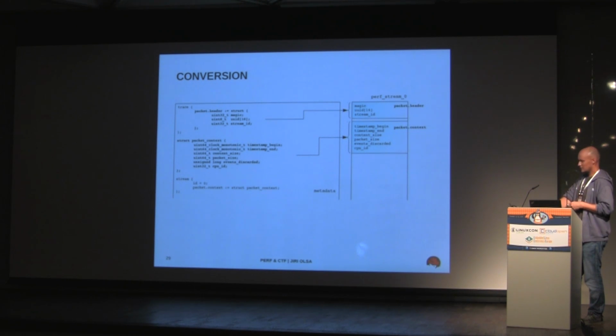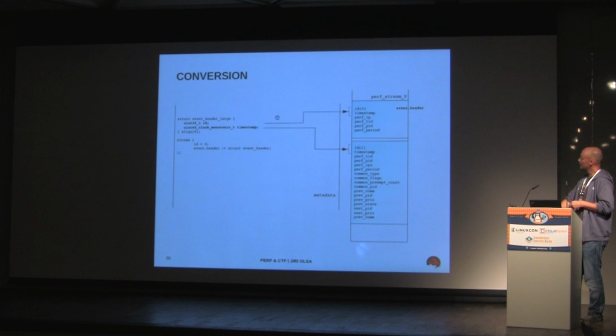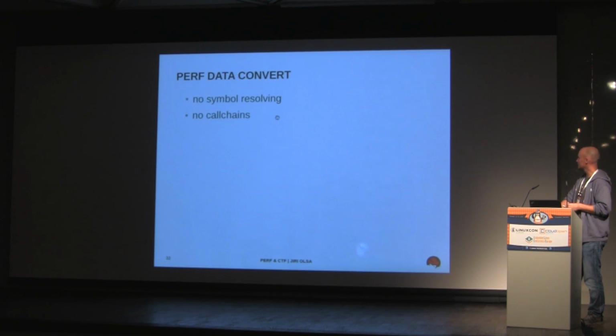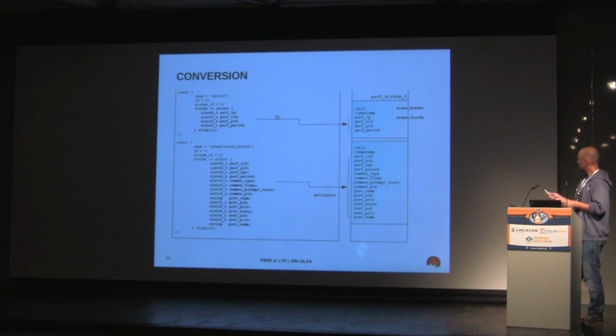So this is the data I described before. As for the events, we store the ID and the timestamp as a global point for each event, and after that we store specific information for each event. So you just define the fields, like here for the hardware event.